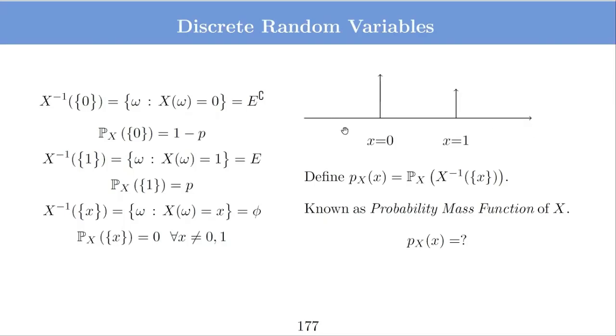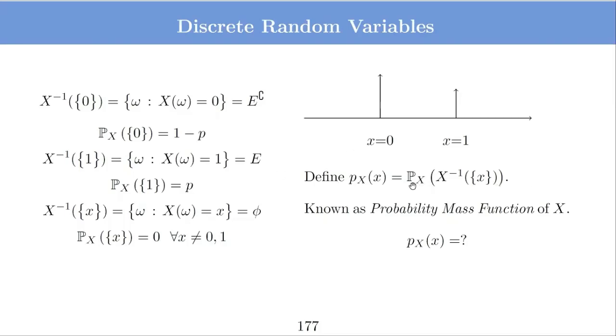So we can define this as a new function, which we denote as p capital X of x, equal to the probability of the pre-image of the singleton set x, or the probability law of the singleton set x. There is a typo here. It should be the probability of the pre-image of x, or the probability law of singleton set x.